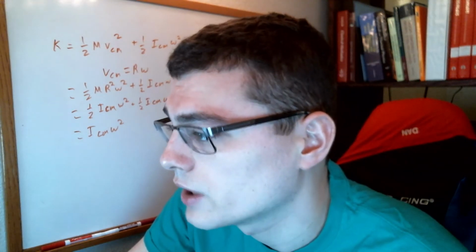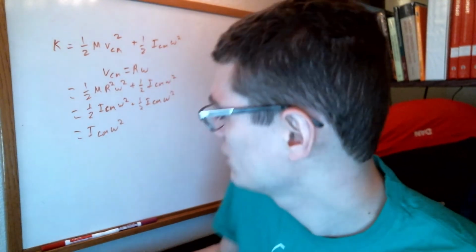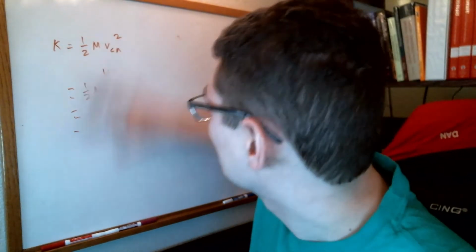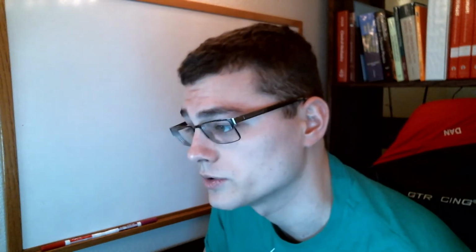Okay, so next up we have to talk about work and power in rotational motion. So let's go ahead and derive some of the work equations for basic systems, and then from there we'll go on and talk about power. For a disk that rotates through an infinitesimal angle d theta about a fixed axis during an infinitesimal time interval dt, the work done by this force is F tangential times that d theta.